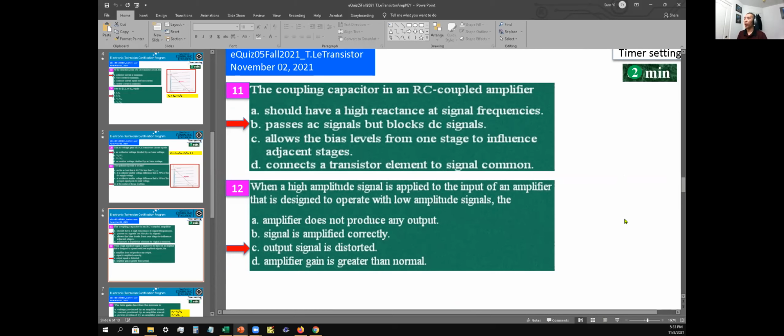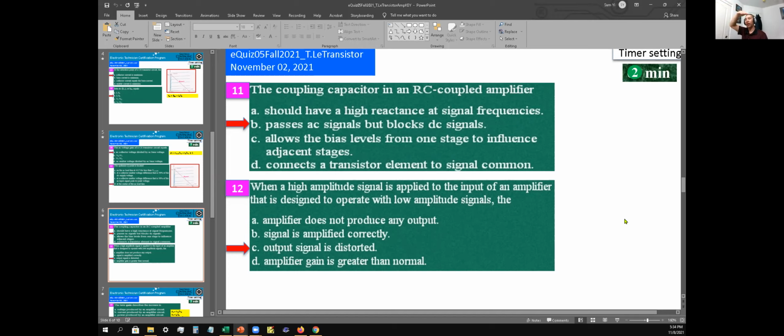Number 12, when a high amplitude signal is applied to the input of an amplifier that's designed to operate with a low amplitude signal, the output signal is distorted. Yeah, so your signal would be chopped off. Whatever the amplifier can go up to, that's it. If it's set up for positive 12 volt, negative 12 volt, and you put in more voltage through the input, the output would get cut off.